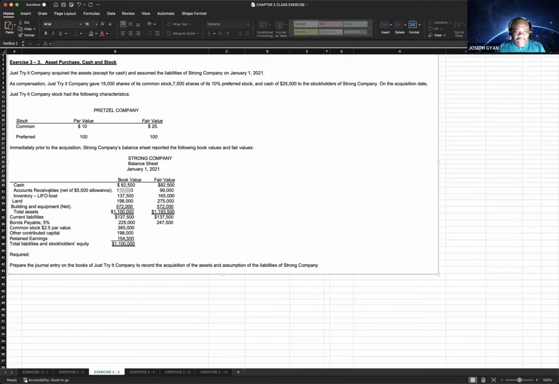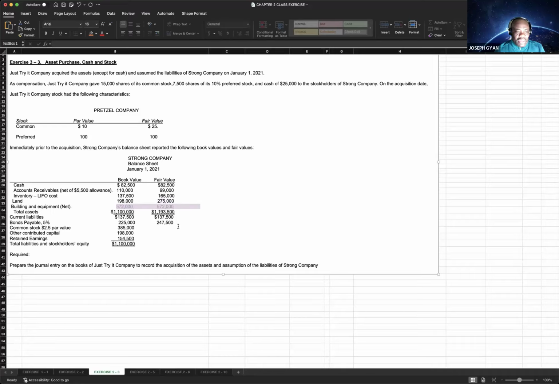Inventory is LIFO, this company uses the LIFO method. They have 137,500, but in the market the value is 164,500. When it comes to the land, the increase in market value is more than the book value. PPE or building and equipment after the depreciation is also the same.